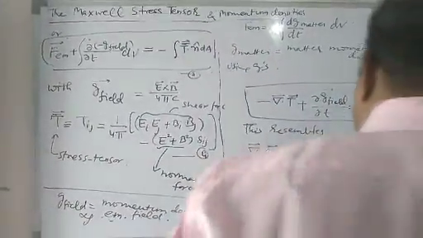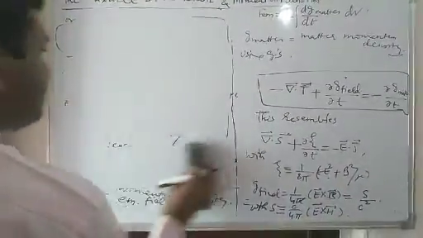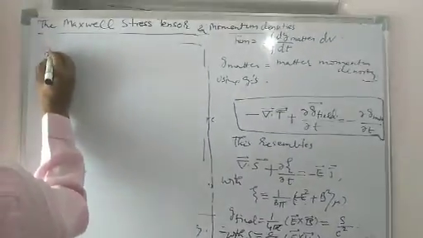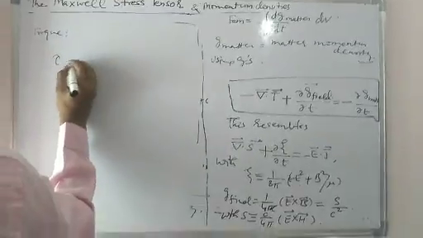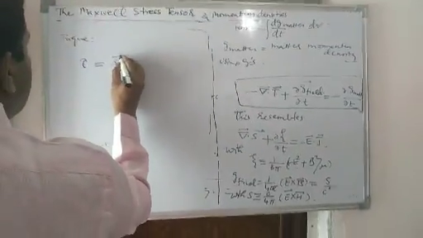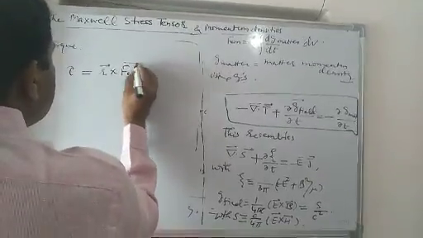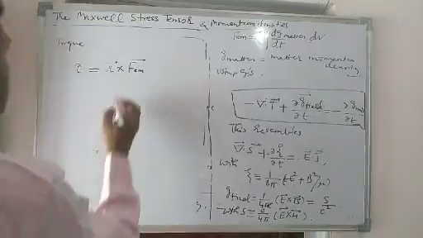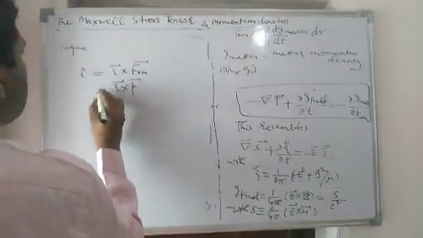So now if someone asks what would be the torque, the torque tau is going to be simply R cross F. This will give us the value of torque, and also R cross P. What is this quantity called?